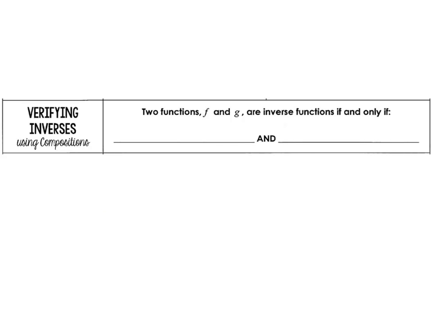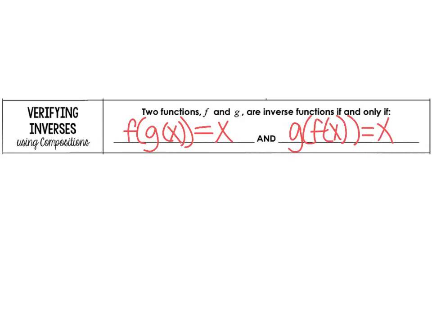All right, we also want to be able to verify inverses using the composition of functions. So we got to recall using composition of functions, all right? So f of g of x or g of f of x. So two functions, f and g, are inverse functions if and only if f of g of x equals x and g of f of x equals x.